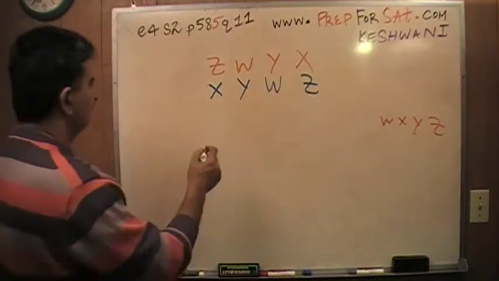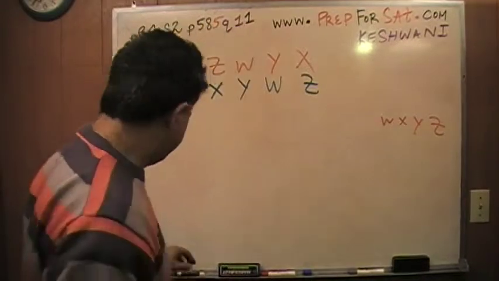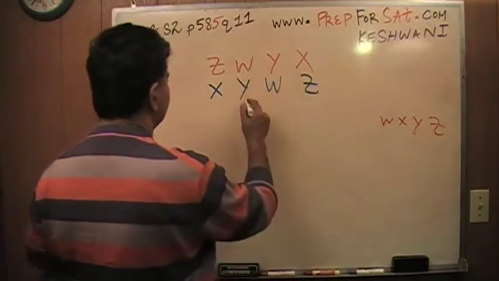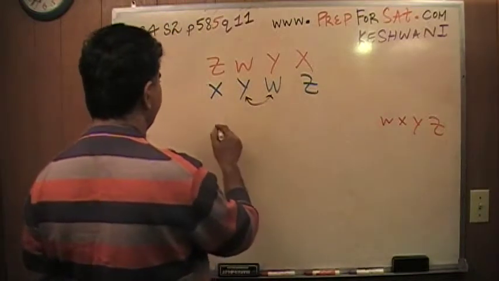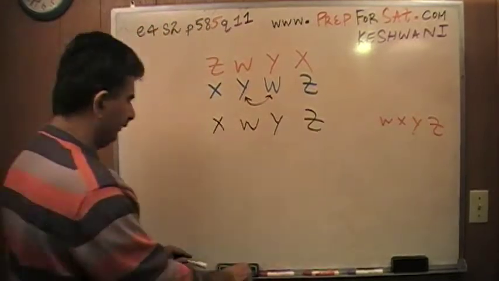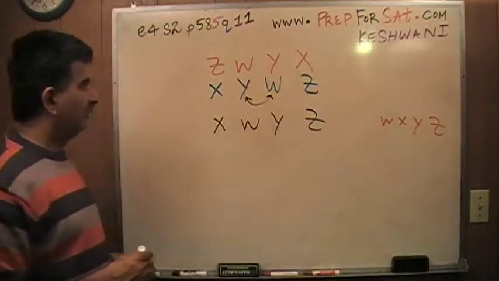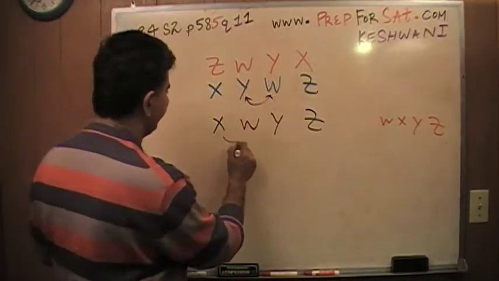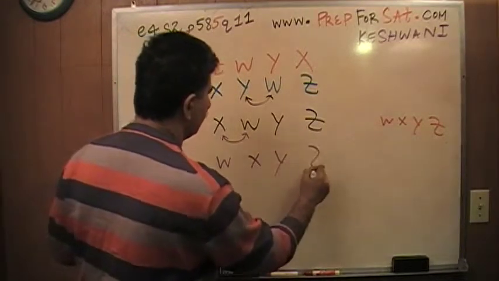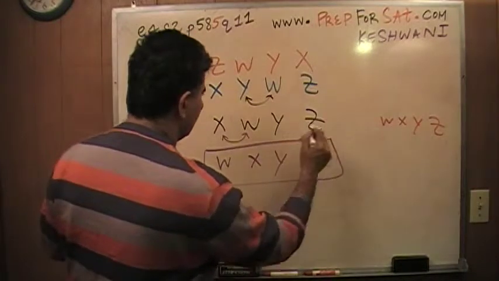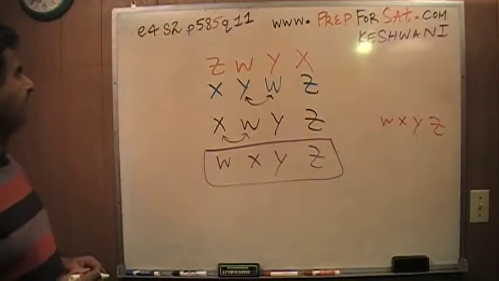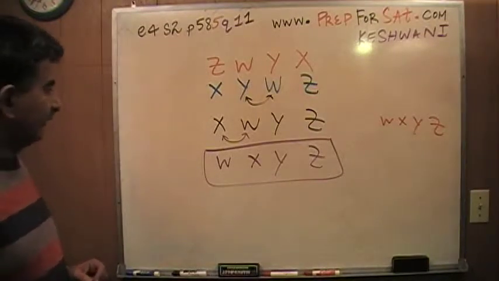So let's do it then. Work on these 2. So X, W, Y, Z. Well, actually this was more straightforward than I thought it would be. We're almost there. Let's work on these 2. W, X, Y and Z. Et voila, as we say in India. That's all. We're done. Very simple, very straightforward.